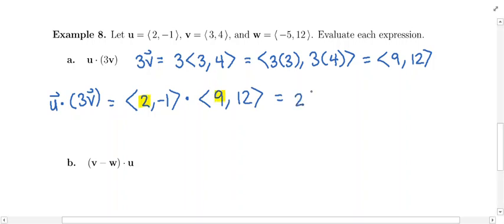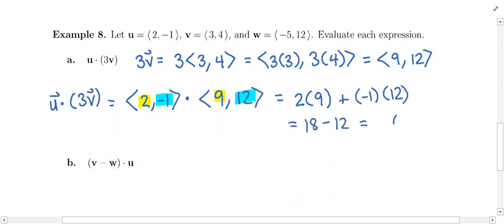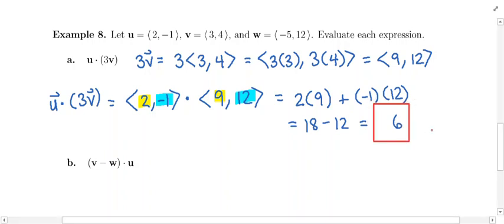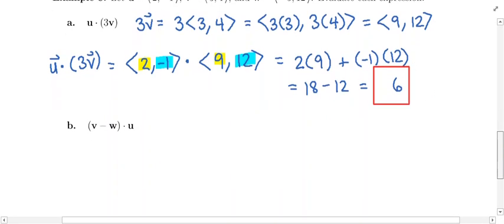So this is going to be 2 times 9. And then I'm going to add the result of multiplying the vertical components, -1 times 12. So this is going to be 18 minus 12. The answer here is a scalar, and the number is just 6. Okay, let's try one more.